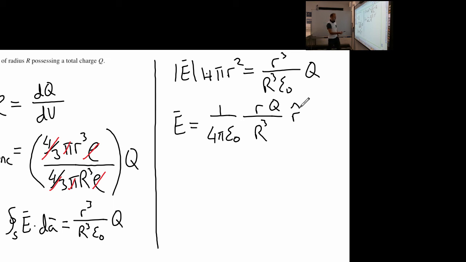Okay, so here's our final answer. We can see that if we were at the surface of our shell, the r's are going to cancel, and it's going to be as if all of the charge is just concentrated at the center. We're going to have that 1 over r squared dependence.